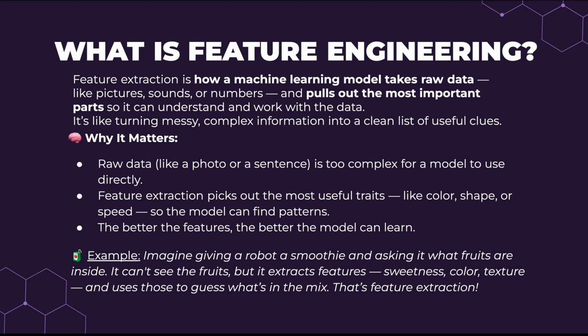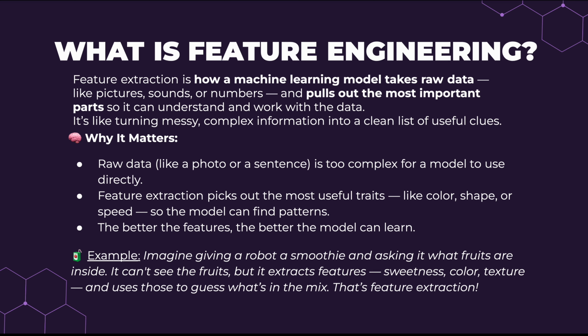So why does this matter? Raw data is too complex for a model to use directly. It has to translate it into something that the computer can read and analyze so it can give you an actual prediction. Feature extraction picks out the most useful traits, color, shape, speed, anything that relates to the type of data you're giving it, so the model can find patterns.